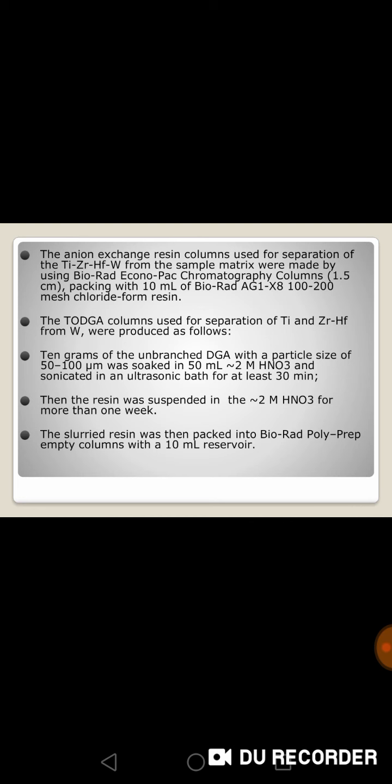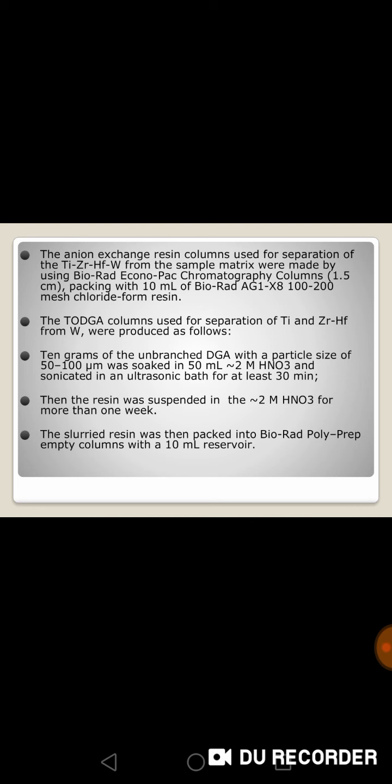All these are separated from the sample matrix by using a Bio-Rad Econo-Pac chromatographic column of about 1.5 centimeter, packed with 10 ml of Bio-Rad AG1-X8, 100 to 200 mesh chloride form resin.